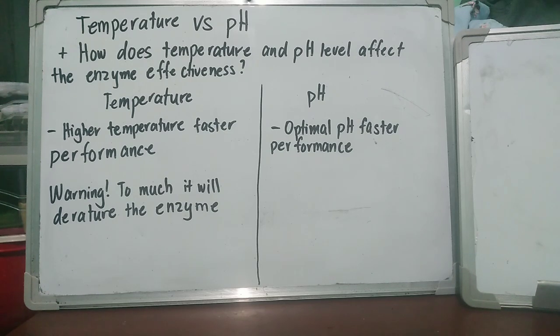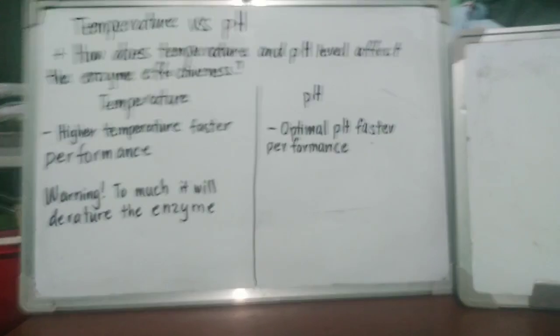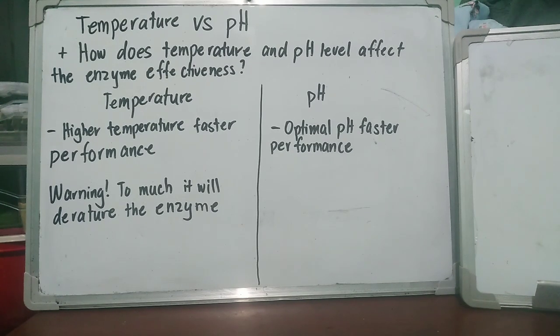But warning, too much will denature the enzyme. Bakit? Let us remember again that enzymes, or proteins, yung mga enzymes natin are just made up of molecules. They obey the simple laws of interaction, yung London dispersion, stuff like that. They just obey those rules.